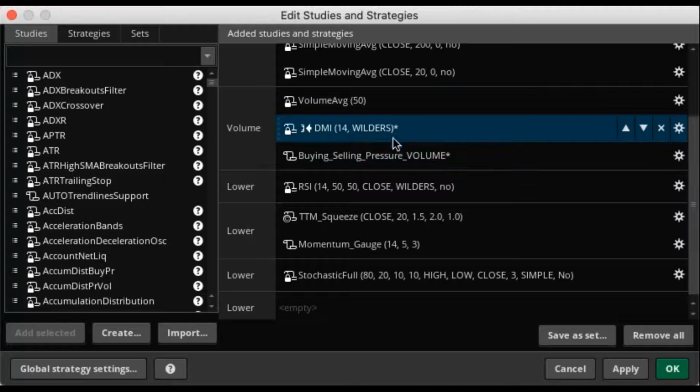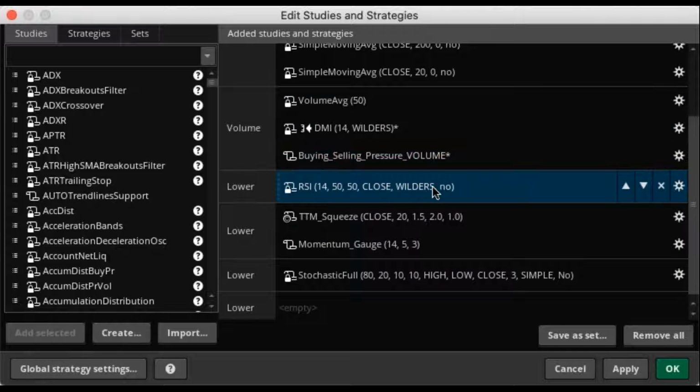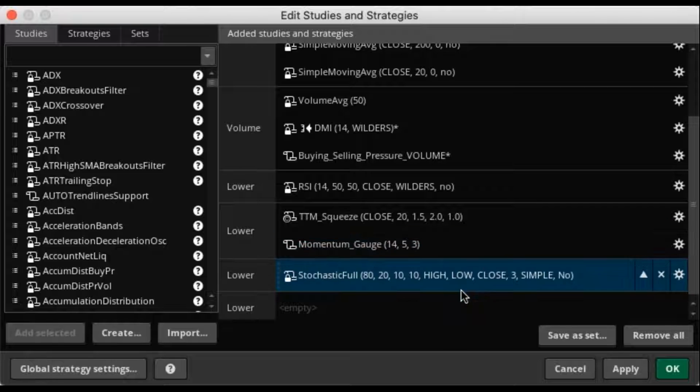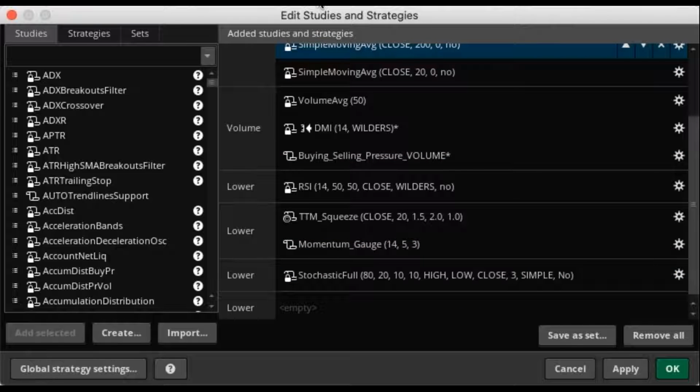There you go. So DMI volume, buying pressure, RSI, TTM squeeze momentum, and stochastics. Okay, good to go.